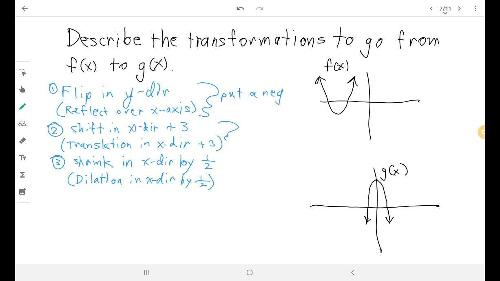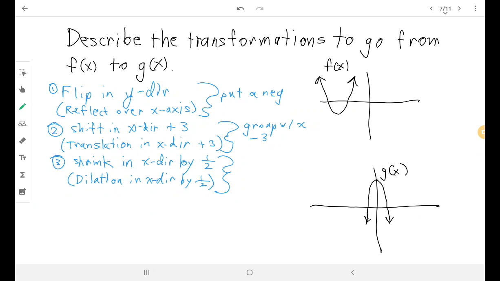A shift means adding or subtracting that number, and since we want to group with x, and when you group with x, it's the opposite of what you see, so we want to subtract 3.